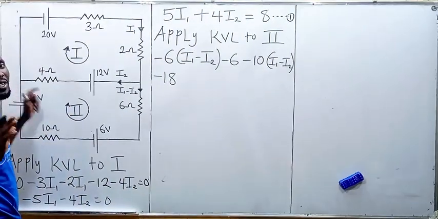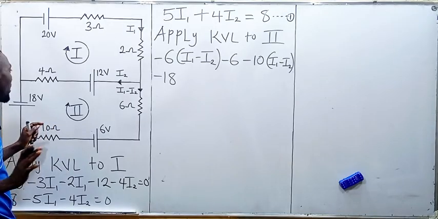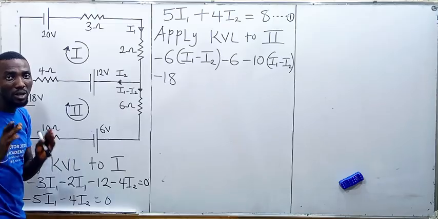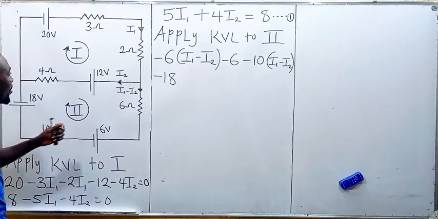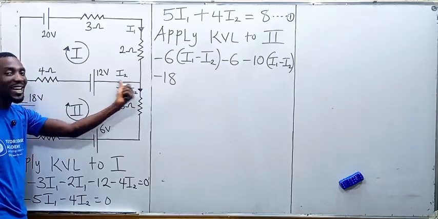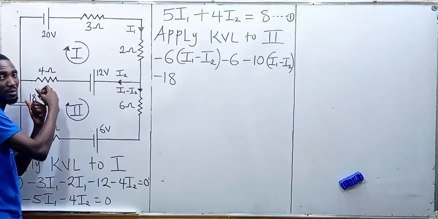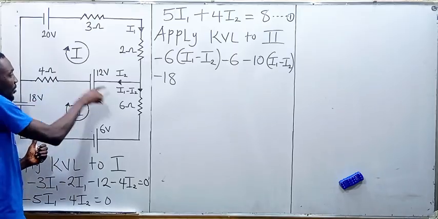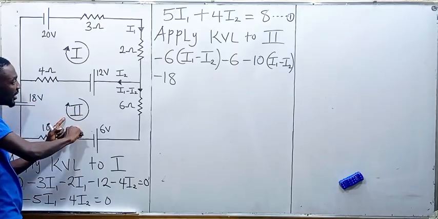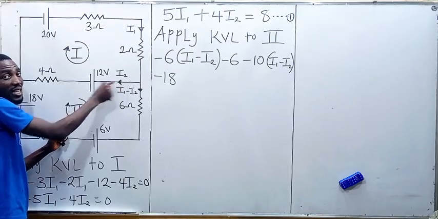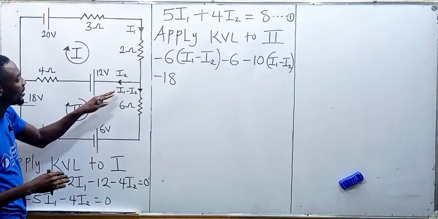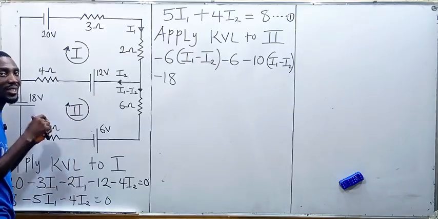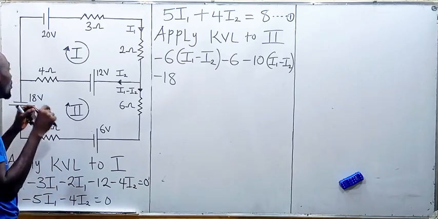Please, you need to be very careful and very observant here. This is where many students will get it wrong. Don't forget that this is our current I2 moving in this branch, and this is our direction. You will see that the direction here is going against I2, and anytime our direction and our current are moving in opposite directions, we take the voltage to be positive.